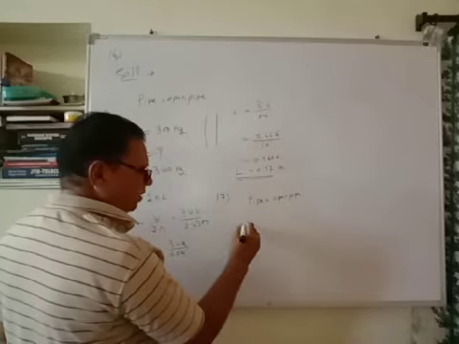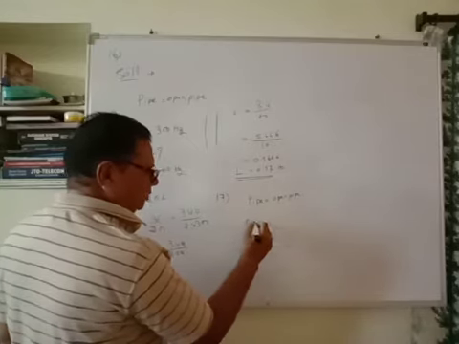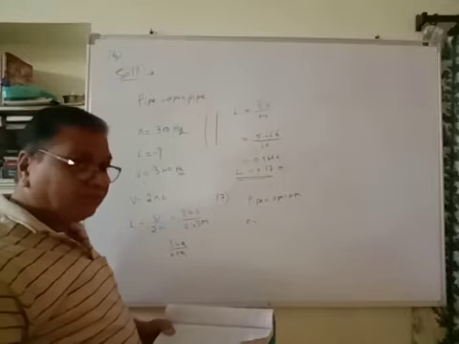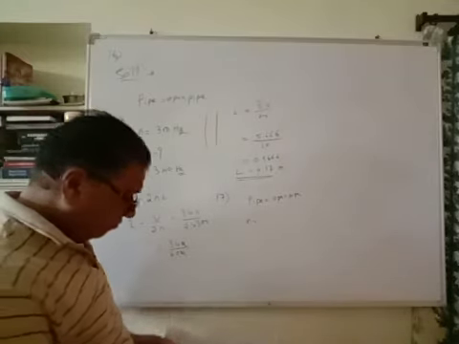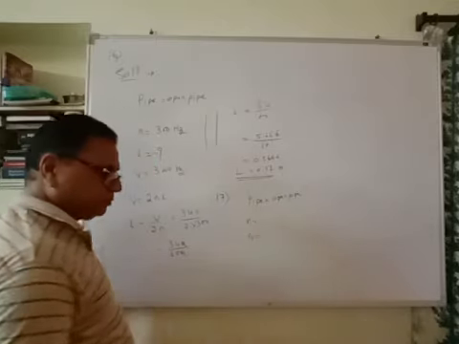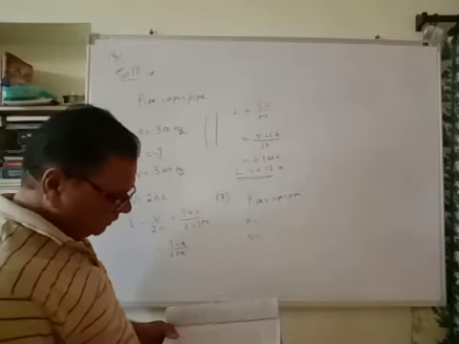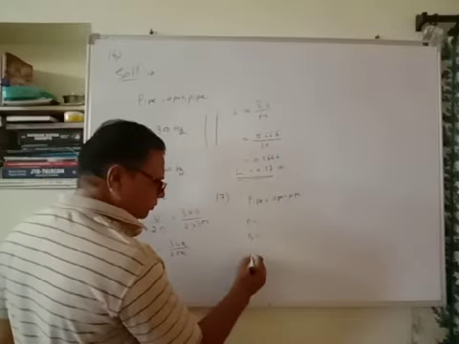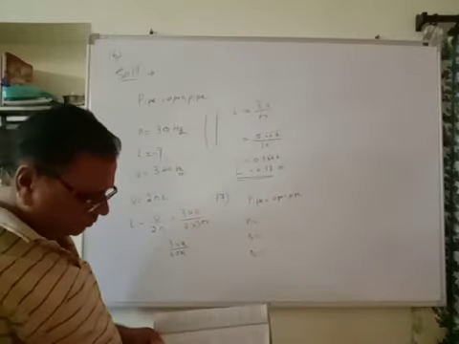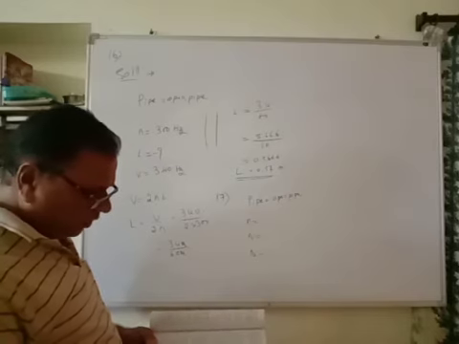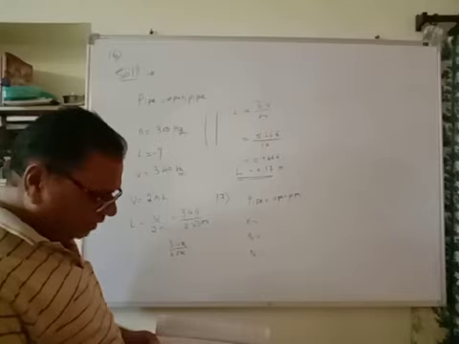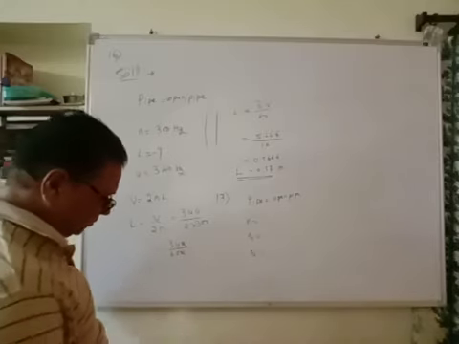We have to determine the fundamental frequency. Find the fundamental, first order, say N1, second order, N2, frequency of a pipe open at both the ends of length 25 centimeter.